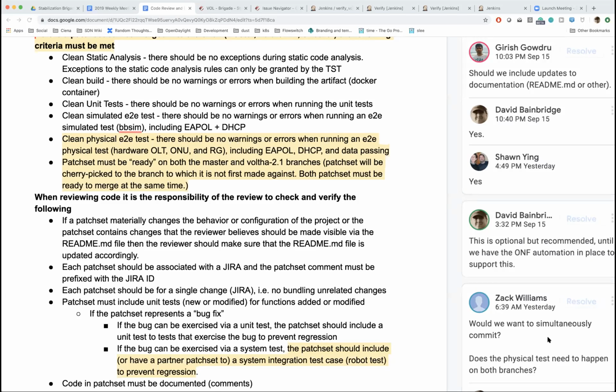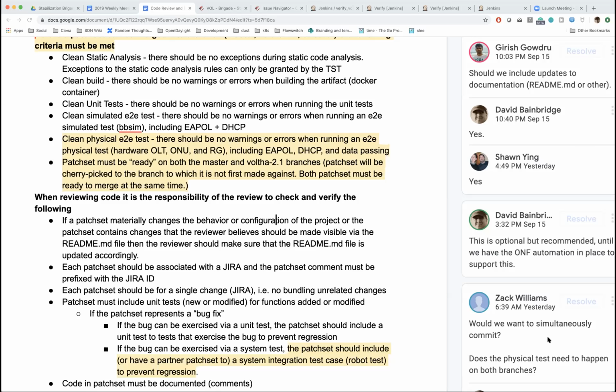The issue is it can't really be predicted, other than documentation changes, whether a code change is going to have an impact on a physical test. And so the idea was, because you can't really determine that, we run the physical test on every one.